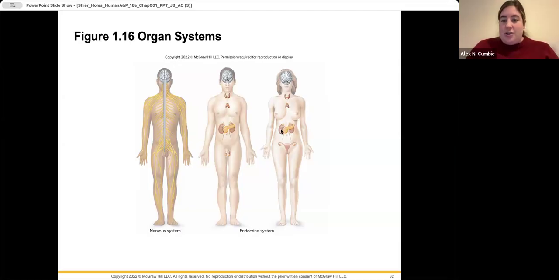We've got your pancreas and your kidneys with their adrenal glands on top. And then we've got the reproductive organs. So we've got the ovaries and the uterus in the female, and we've got the testes in the male, all of which serve some sort of function endocrine-wise because they produce hormones that help control and integrate things in the body.